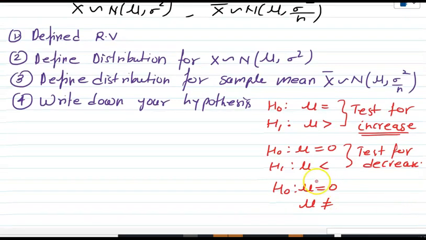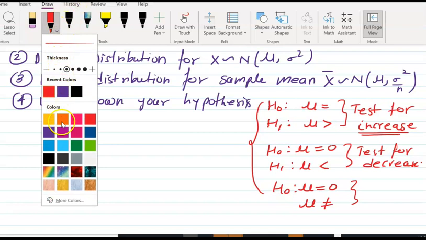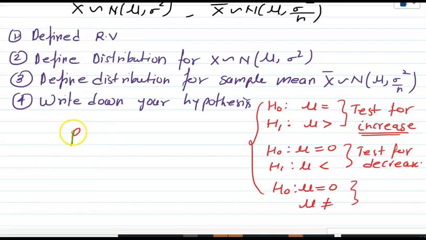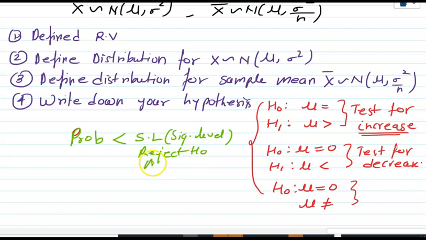In this case, you need to find the probability. If you find the probability in all these cases and it is less than the significance level, SL, which I'm writing in short for significance level, then we reject H0 and accept H1.